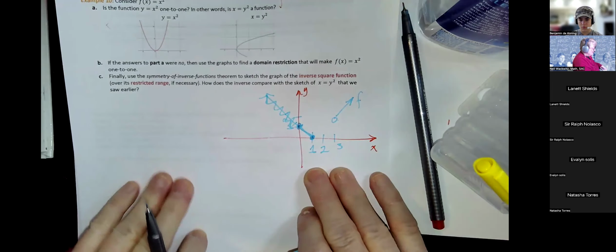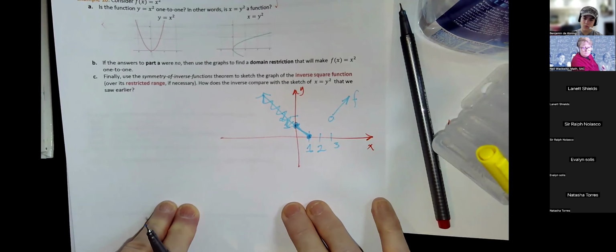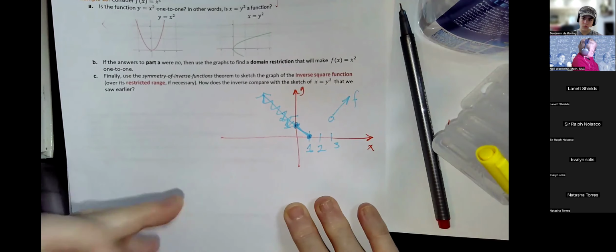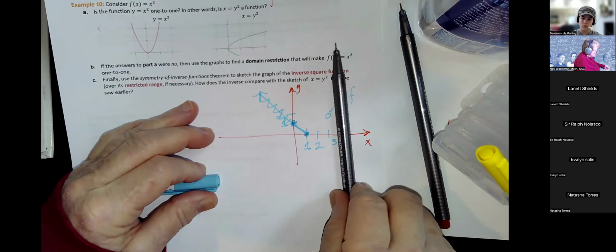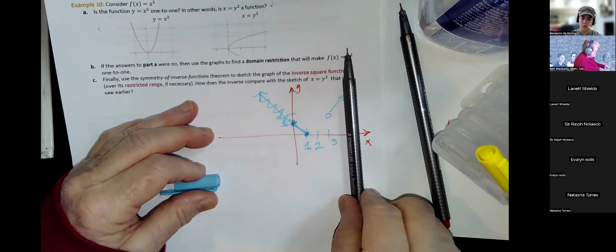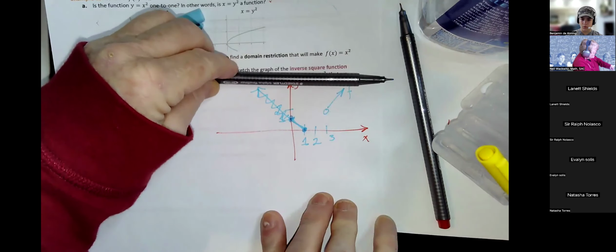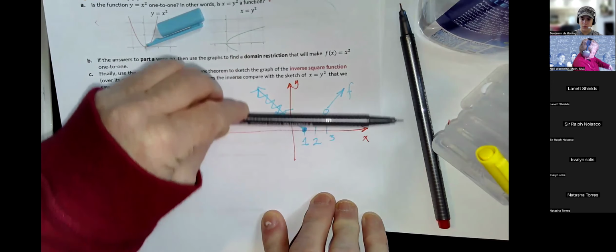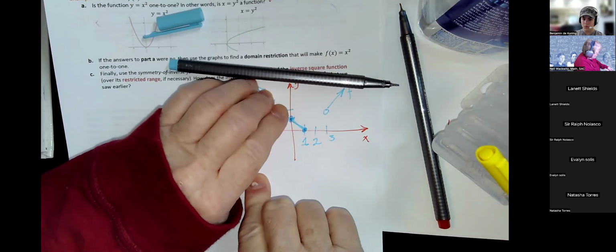So I was just going to ask, is f a one-to-one function? What am I looking at to know that answer? I'm sorry. Oh, that's okay. So first of all, to see if it's a function, we want to make sure it passes the vertical line test. And to see if it's one-to-one, we want to see if it passes the horizontal line test. And that's why I had to erase part of the graph that I had already drawn.